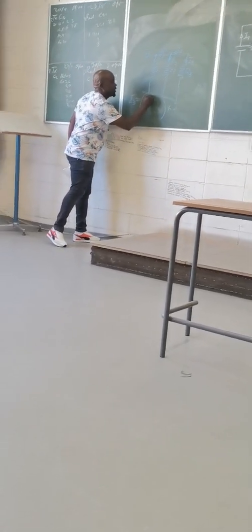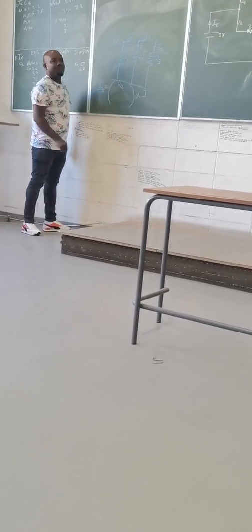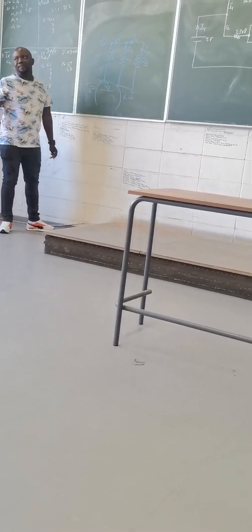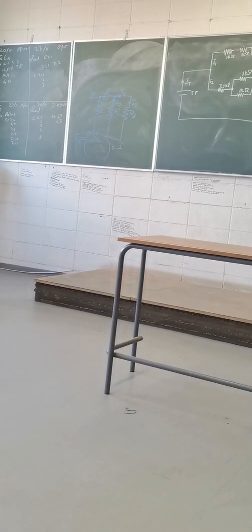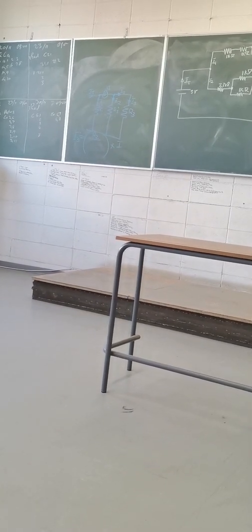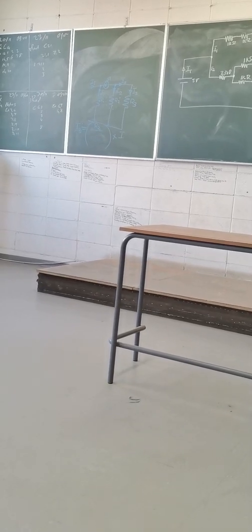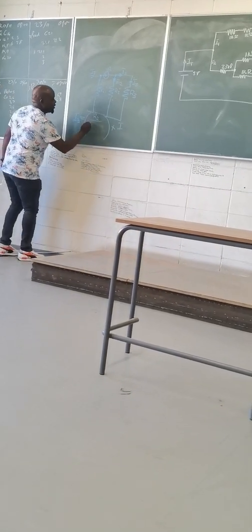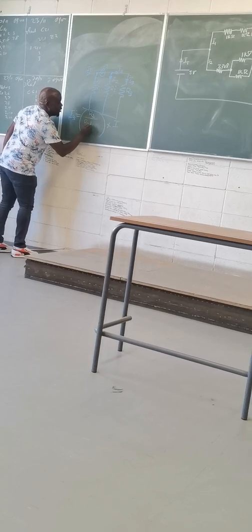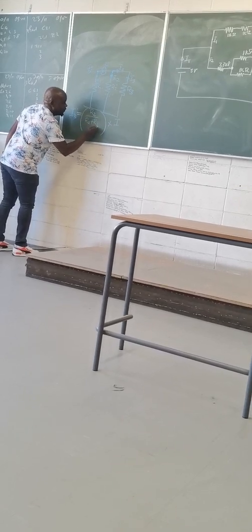Then it becomes your R2 divided by the sum of the resistance of that network. The sum of the resistance of that network is going to be what? Your R2 plus your R3.